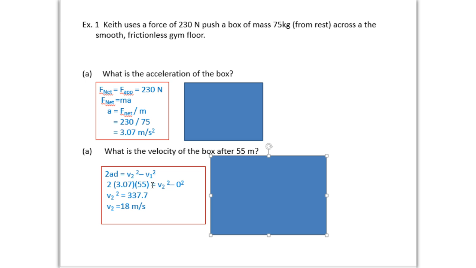You're going to multiply this side. V2 subtract 0 squared, this is going to be 0, so that's not going to do anything for you, it's going to disappear. So your formula will become V2 squared equals whatever this value is. And if you do the calculations, it's 337.7. To get rid of the square, you take the square root, and you have 18 meters per second.